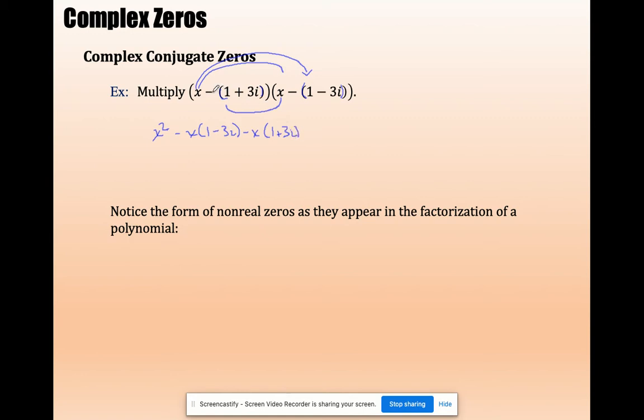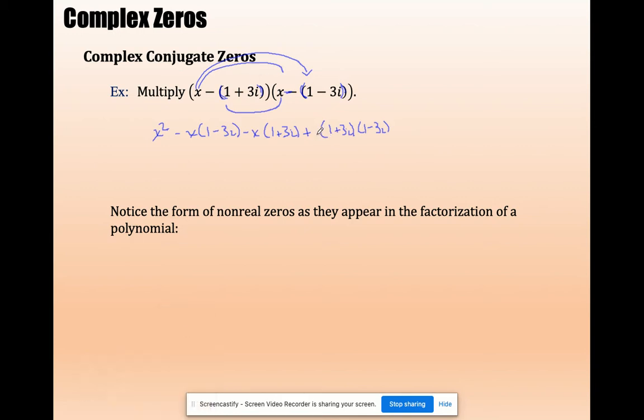Then lastly, negative something times negative something is positive. Okay, now let's clean it up.